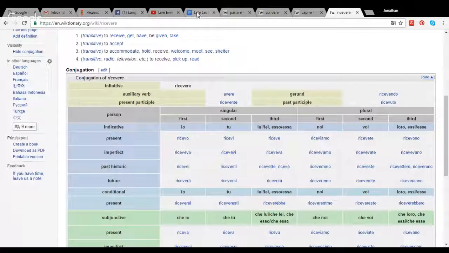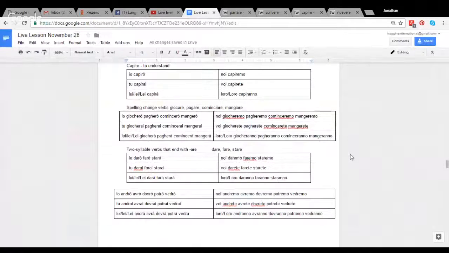Another thing in terms of the usage, most of the times, if there's understanding that you're talking about a future, it could probably be using a present tense.